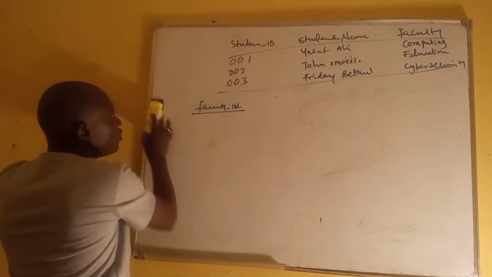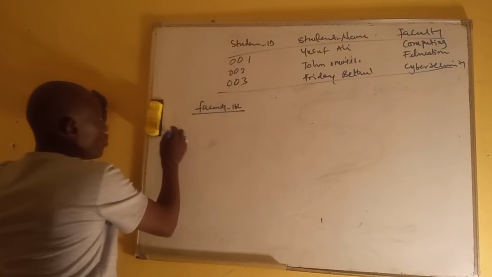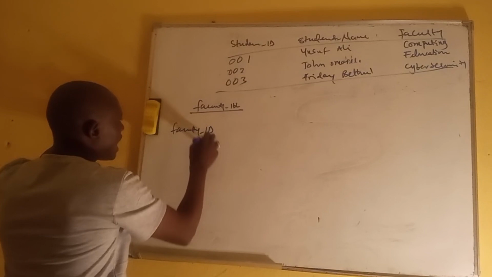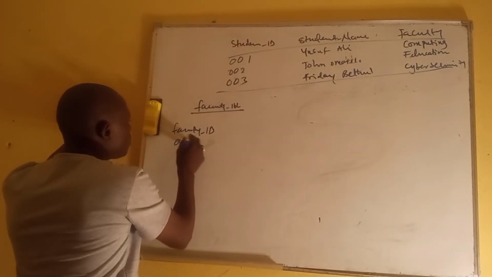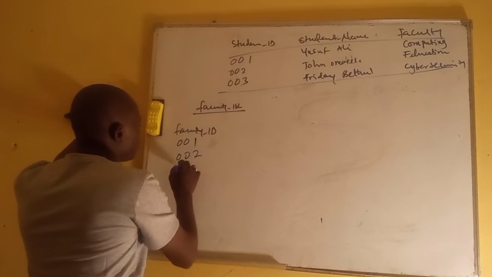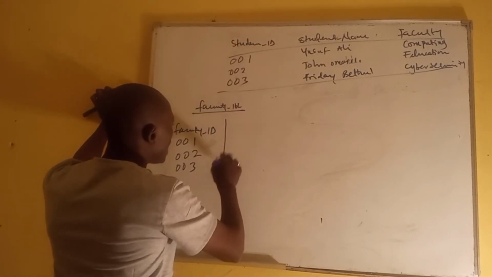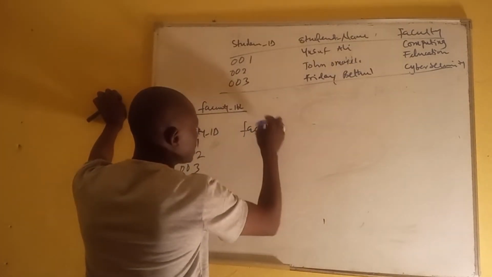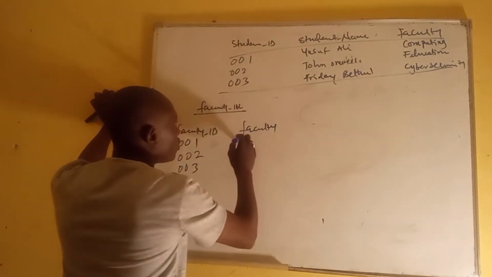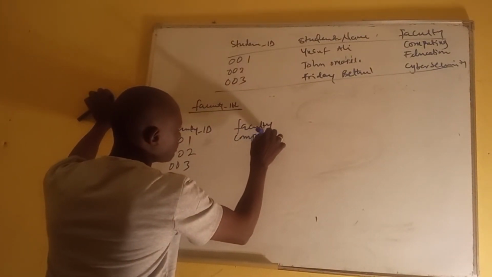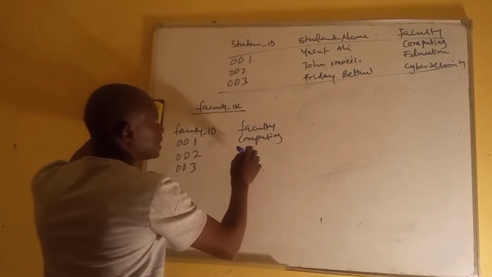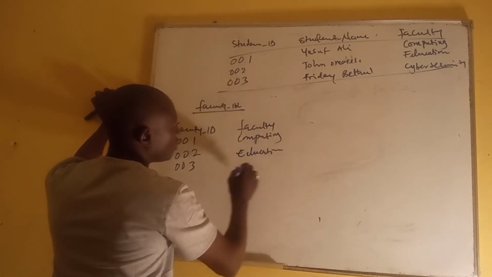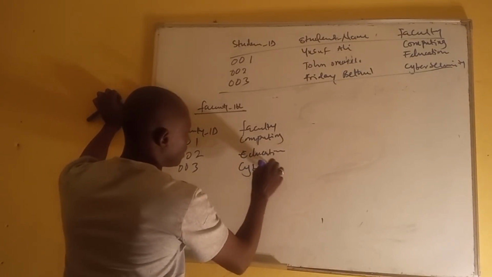So in this faculty TBL, we are going to create a column called faculty ID. Faculty ID as 001, 002, 003, and then we have faculty name, or faculty itself, just as it is reflected on the given question. We have computing, again education, we have cyber security.